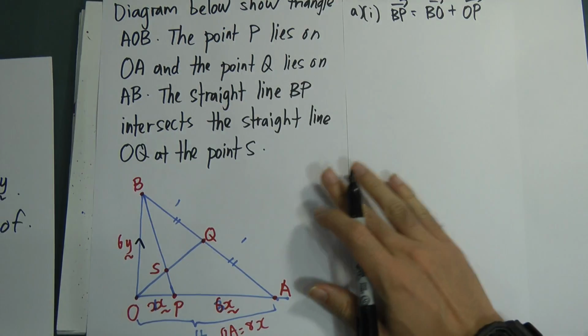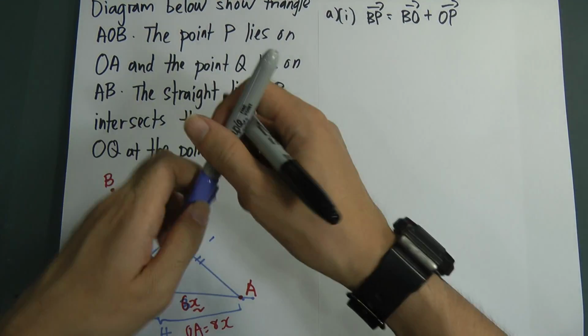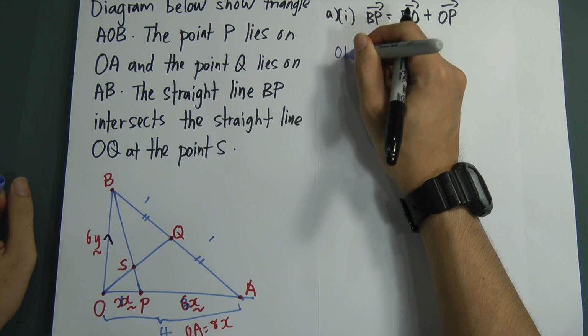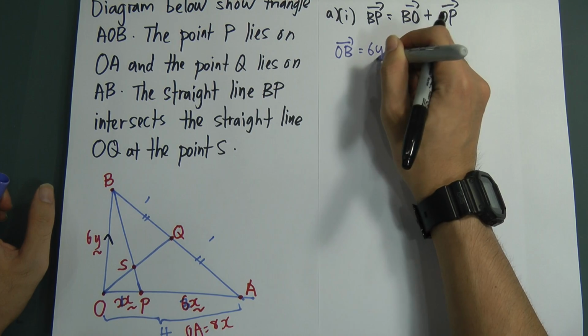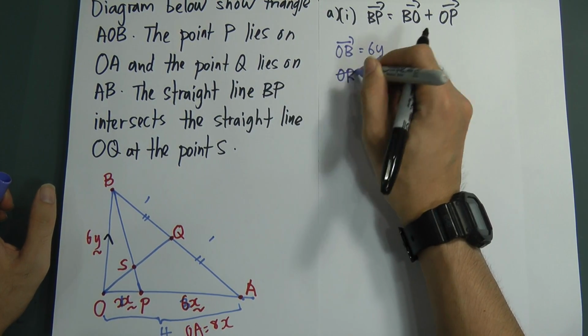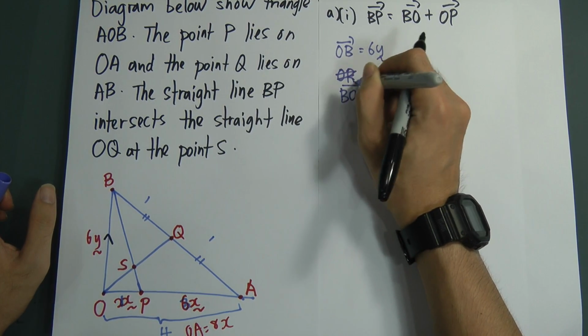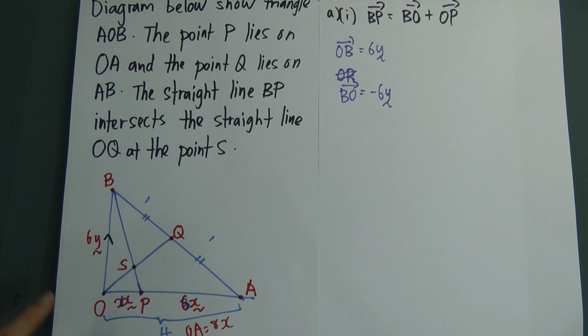O to B is 6y. Okay, so let me write something here. If OB equals 6y, then BO will equal negative 6y, because they change direction already. OB is O to B, BO is B to O, so it will be negative 6y.